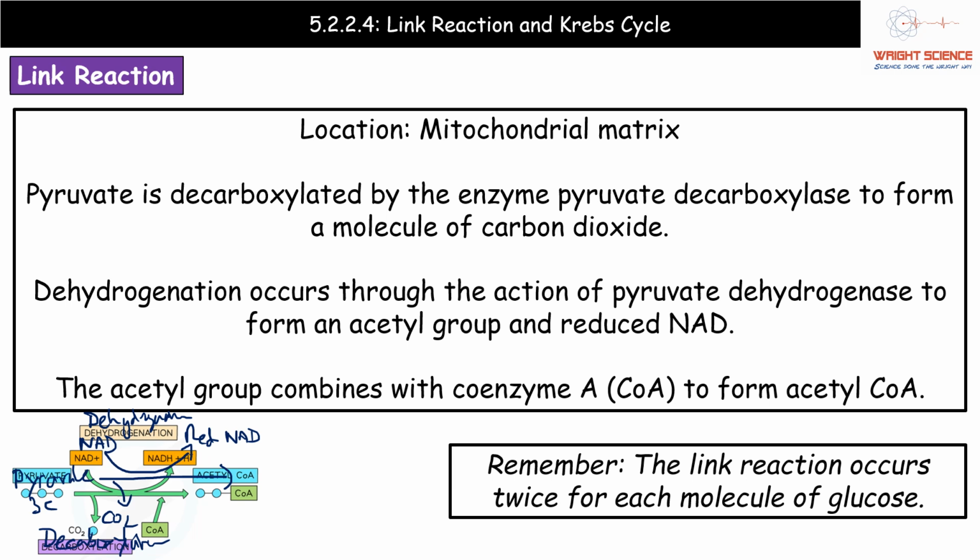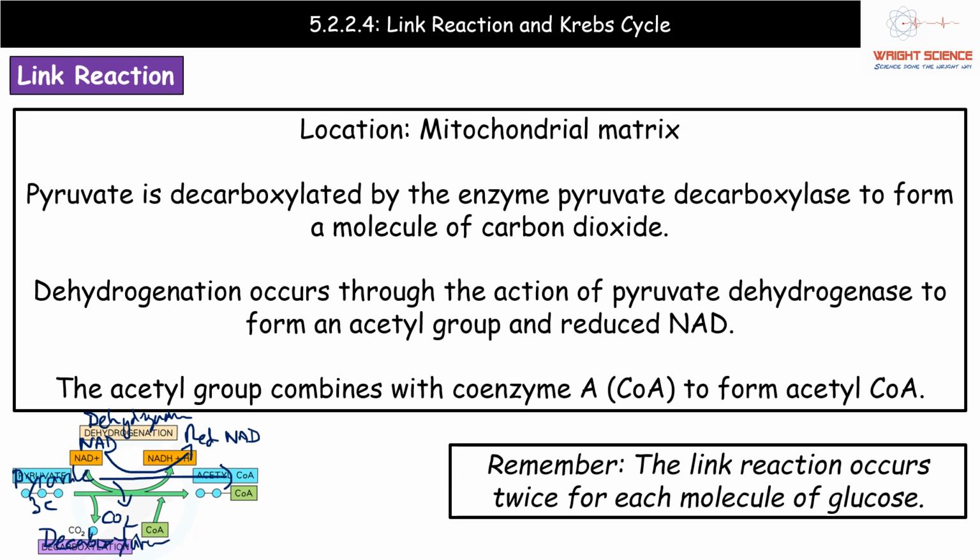So what we're going to see here is we've got these two processes going on to our pyruvate. Decarboxylation, removing the carbon in order to form our carbon dioxide, and dehydrogenation, the removal of hydrogen, which attaches to NAD to form reduced NAD.